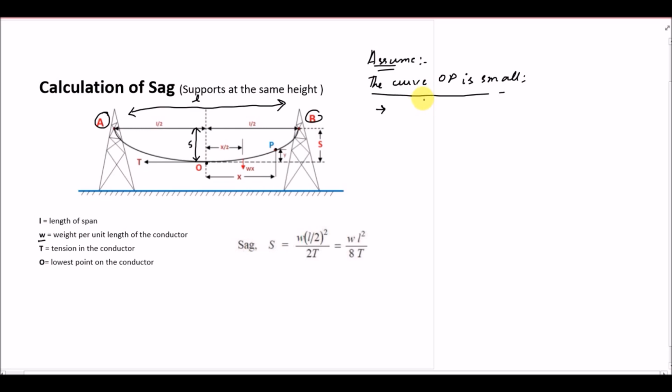So it is equal to the horizontal projection of OP, which is a straight line. So we can say that OP is actually equal to x, which is the horizontal projection of OP.